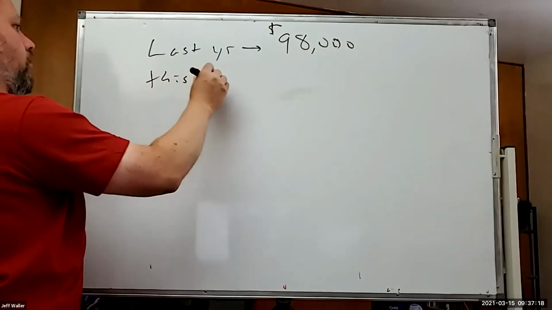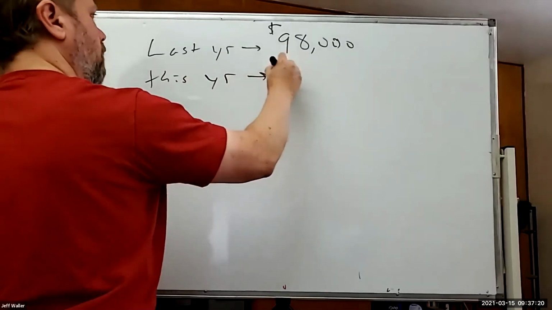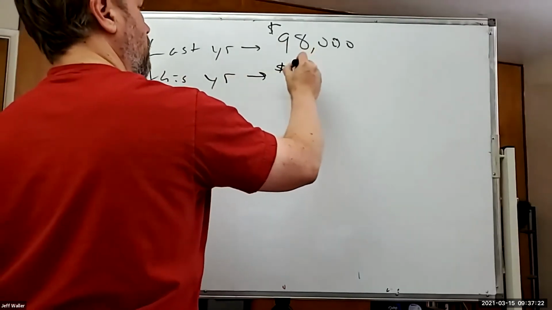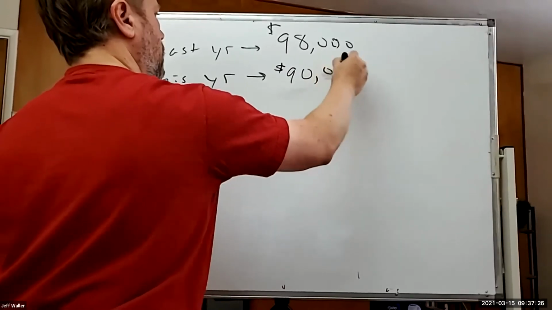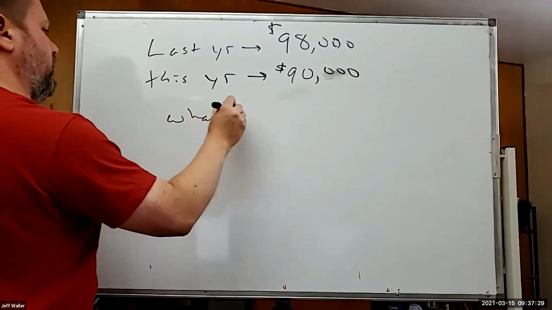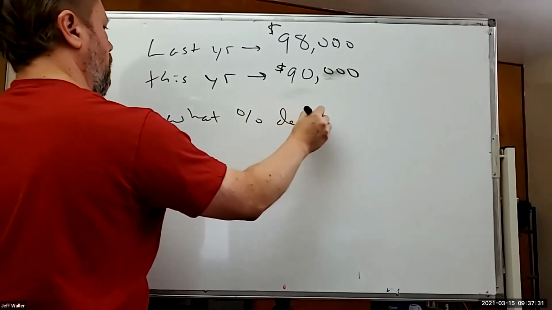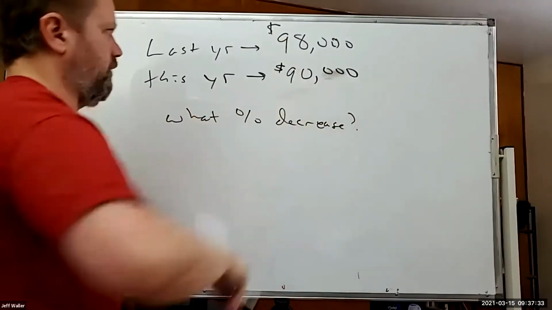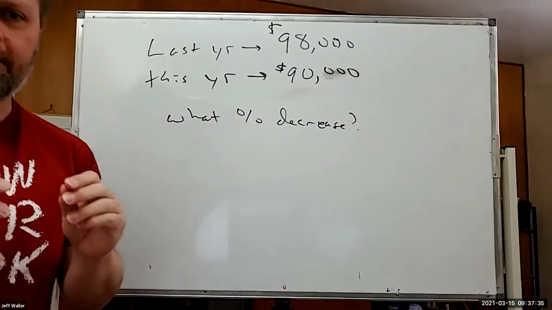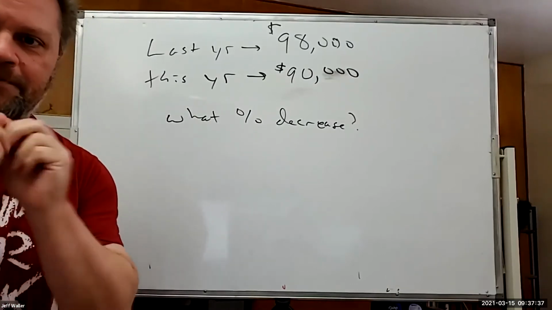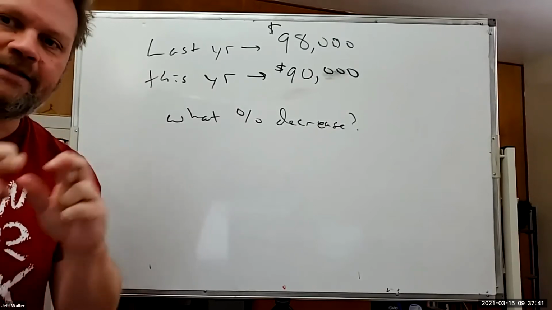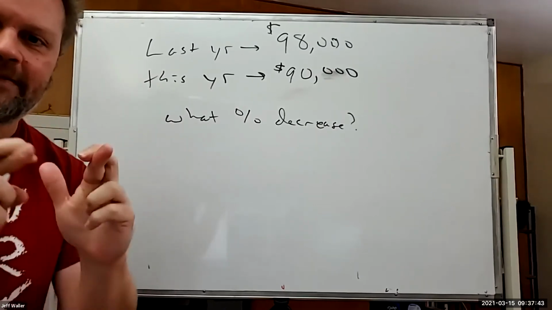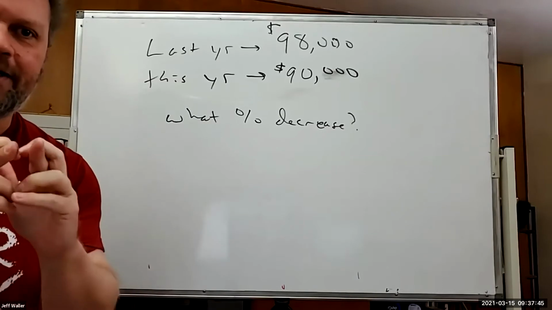This year, $90,000. What was the percent decrease? Let's see, be careful now. There's a little something different here. There's something I did not do for you that I did in the previous problem. Don't say anything out loud. Just try to do it.